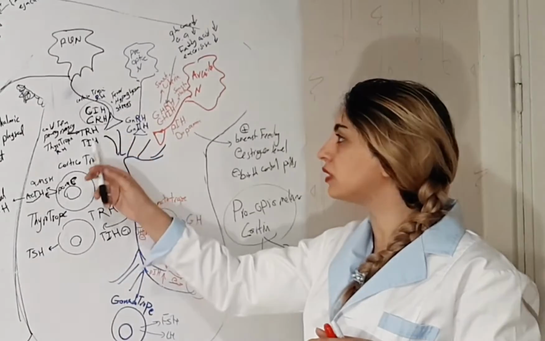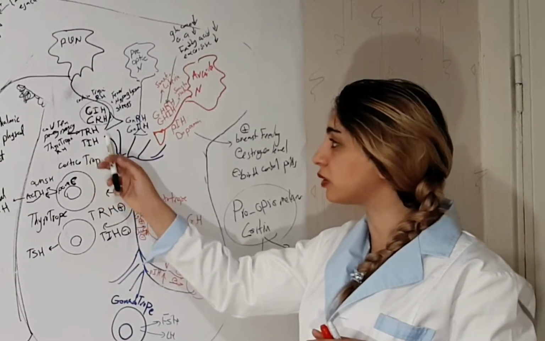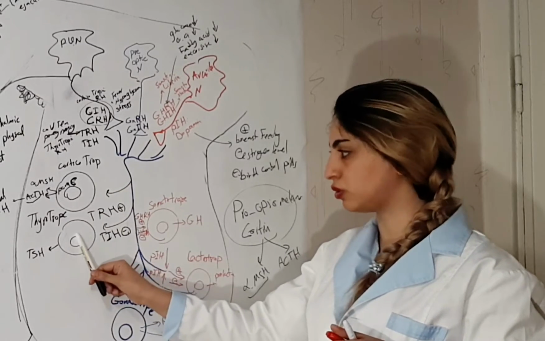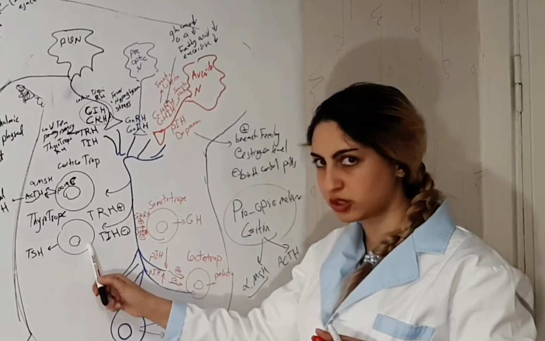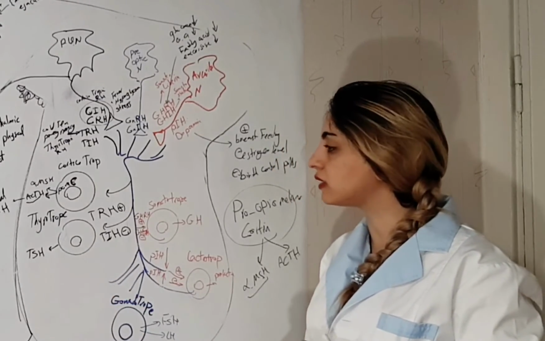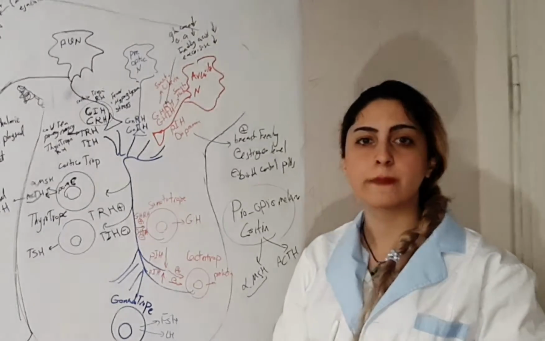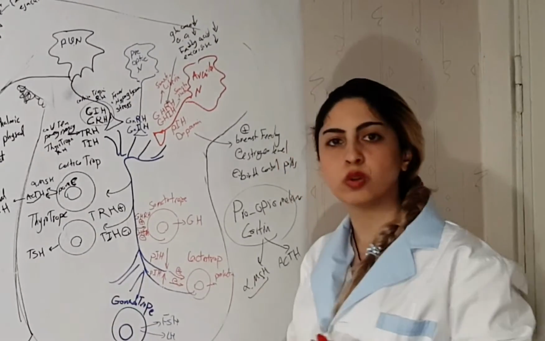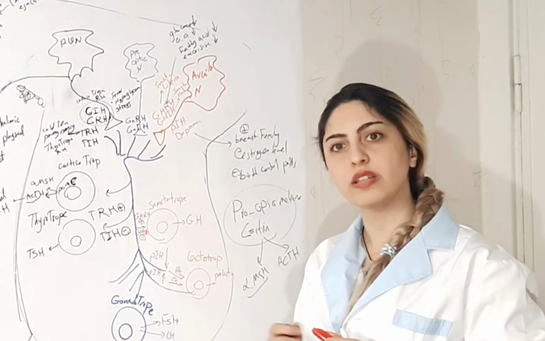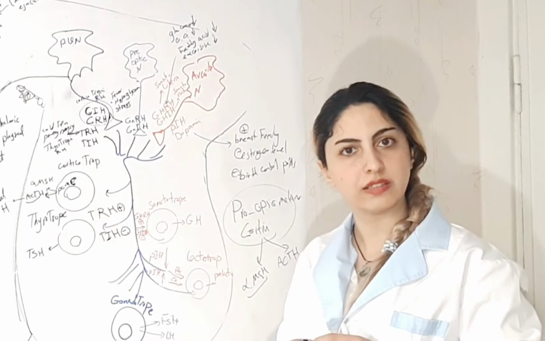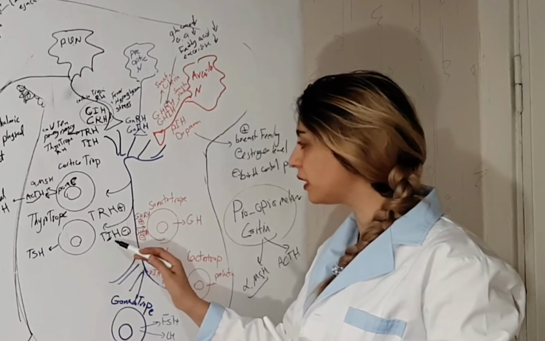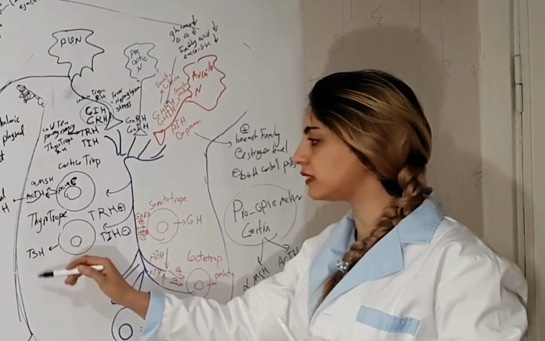So thyrotropin releasing hormone and thyrotropin inhibitory hormone will come to the thyrotrope, which is a trope, and also it is in the anterior pituitary gland, and it will secrete TSH, which is the thyroid stimulating hormone, which is going to the thyroid gland, and we will have T4 and T3. Or it can be inhibited here by thyrotropin inhibitory hormone, and this TSH won't be released.